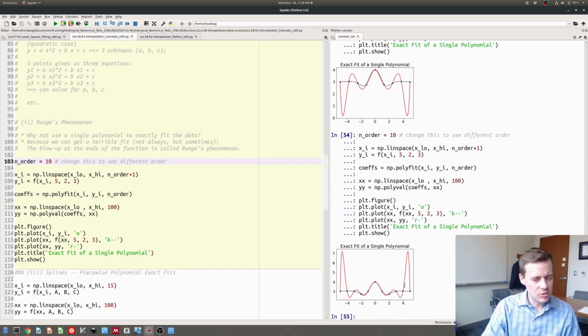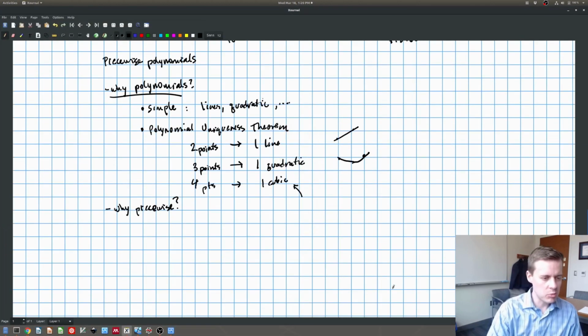So I don't want to just use a single polynomial to fit the whole function. It would be better if I had these 8 points and I just put lines in between them than if I put a single 10th order polynomial to fit that. So why not a single polynomial is because I get these wild oscillations.